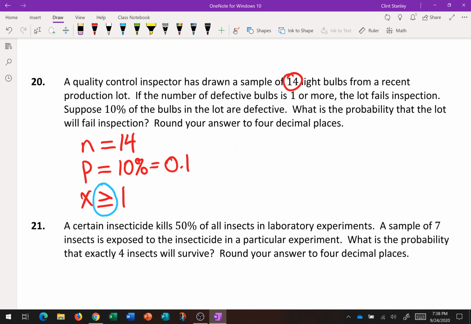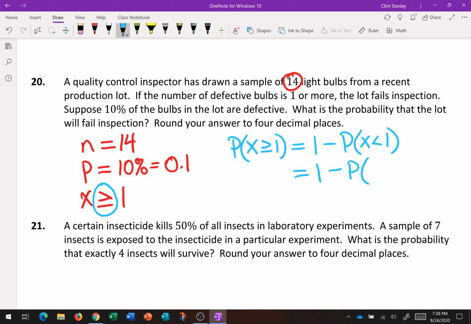So if we flip this around, probability of x being greater than or equal to 1 is the same thing as 1 minus the probability of x being less than 1. Okay. And less than 1 is the same thing as what? X being equal to 0.